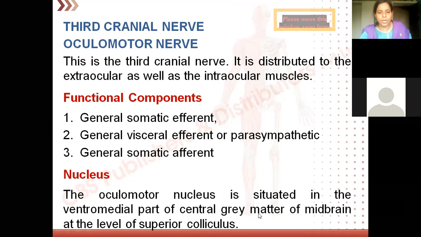The nucleus is the oculomotor nerve nucleus, which is situated in the midbrain. To be more specific, the ventromedial part of the central gray matter. If it is so difficult, write midbrain at the level of the superior colliculus. That is also fine. Niharika, are you understanding? Yes, ma'am.